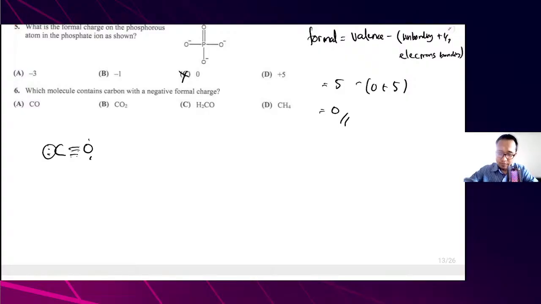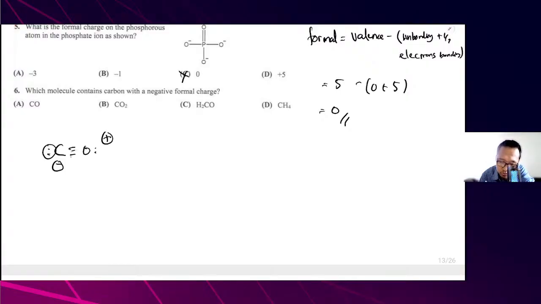It's correct. So it will have a negative charge, right? Because it adds one electron, and then it loses one charge.